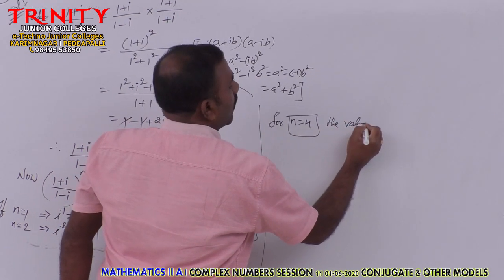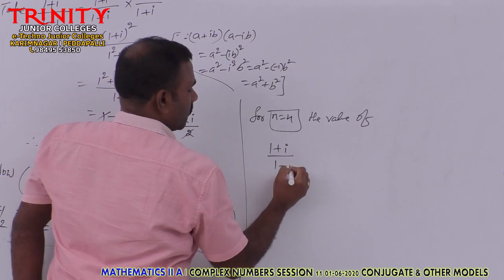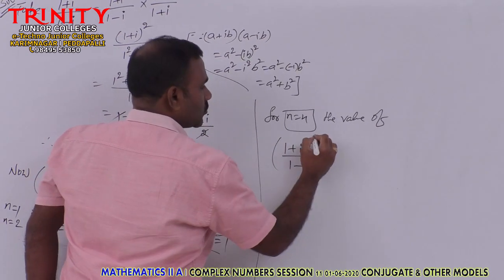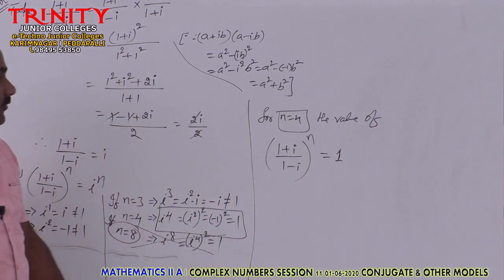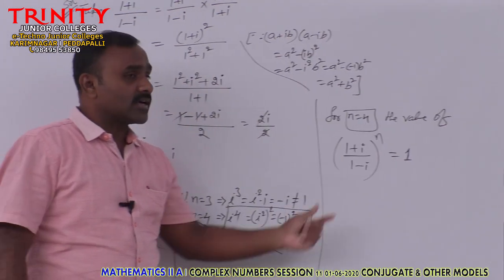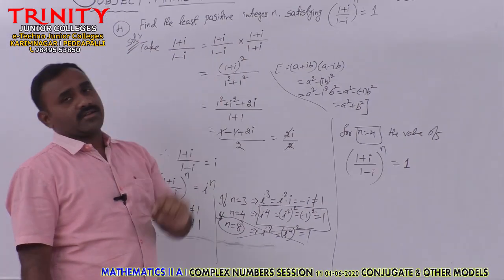Therefore, n is equal to 4 is the required least positive integer of n.